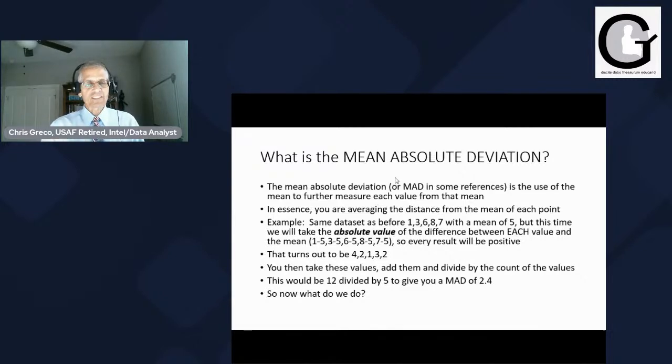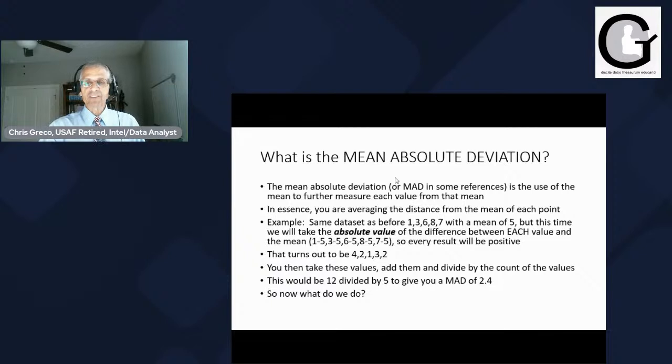So when you have the same data set as before, in this example 1, 3, 6, 8, 7 with a mean of 5, this time you're going to take the absolute value of the difference between each value and the mean. So now you have 1 minus 5, which would normally be negative 4, but it turns out to be 4. And 3 minus 5, which would be negative 2, but absolute value means you get rid of the negative, so now you're at 2.